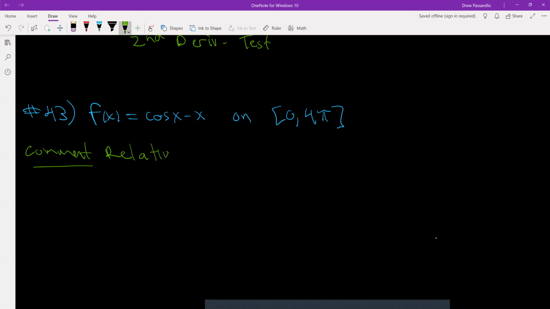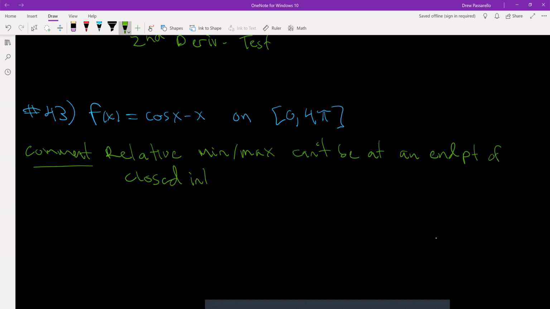So they give us this domain 0 to 4 pi. So a relative min or max can't be at an endpoint of a closed interval. In other words, it has to be inside of 0 and 4 pi, with open parentheses.